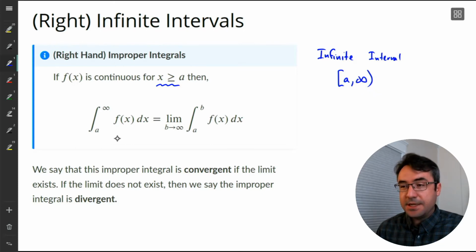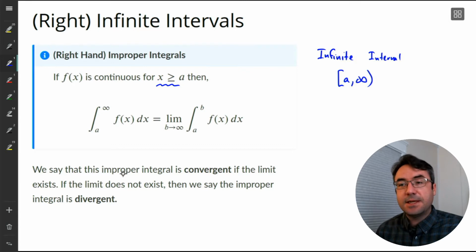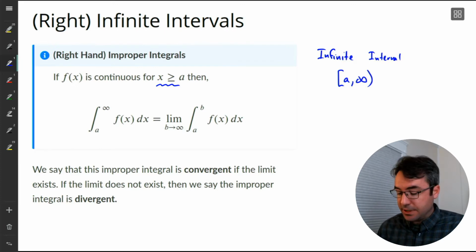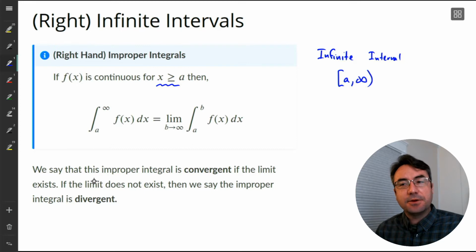And as we're going to see, in some cases, we can actually do this and get something meaningful. So we say that this improper integral is convergent if that limit exists. So sometimes it's going to exist. We can actually calculate this limit. Other times that limit is not going to exist. So it depends on the function. And we say that the improper integral is divergent in that case.